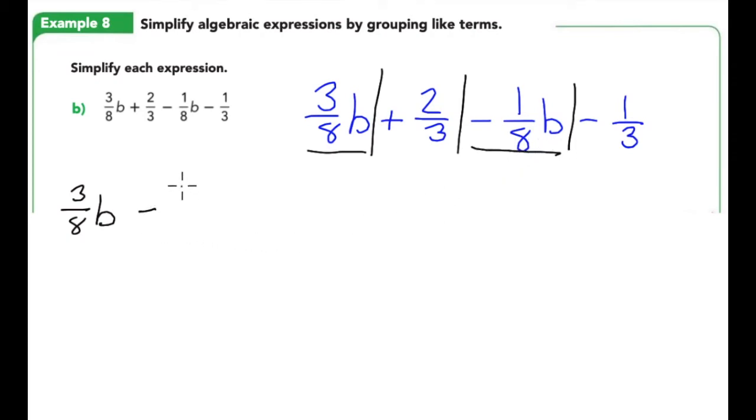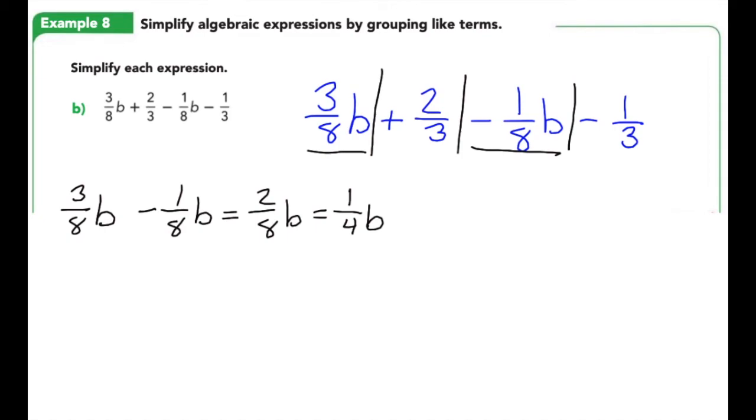So that could be minus 1/8 b. When we combine our b's, 3/8 b minus 1/8 b leaves us with 2/8 b, which reduces to 1/4 b.